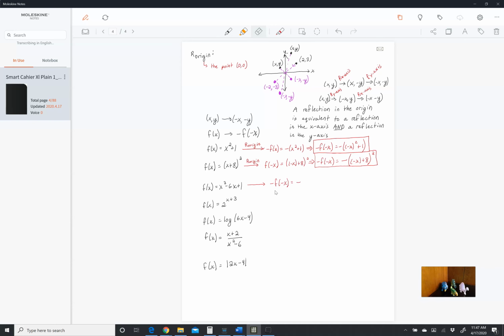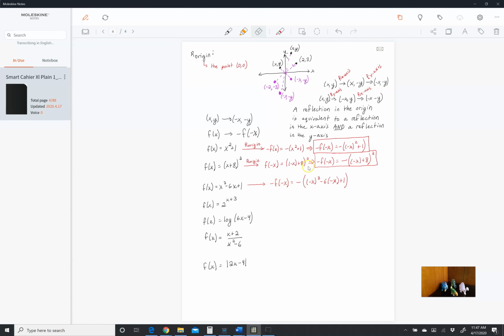So we're going to have a negative in front of the whole thing. And now each of our x's is going to be replaced with a negative x. And for many of you, this is going to be the easier way to do it, to just do it all at once.